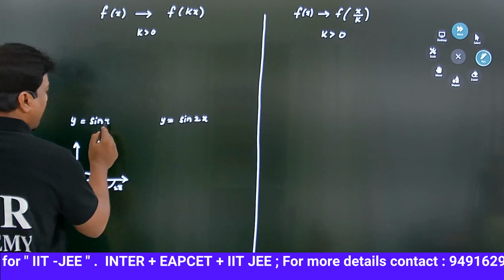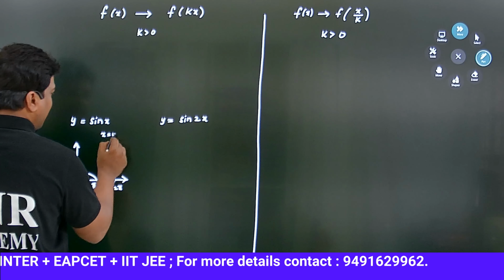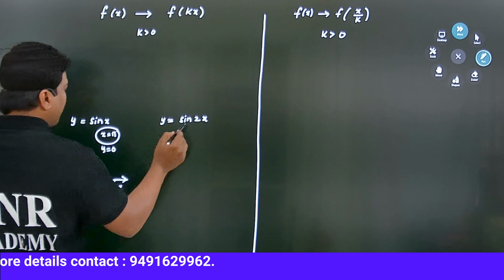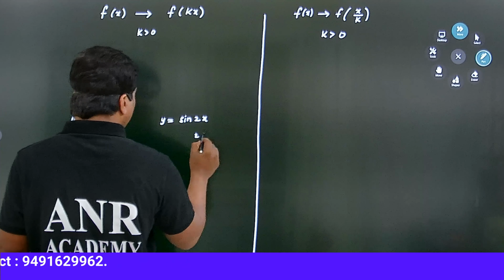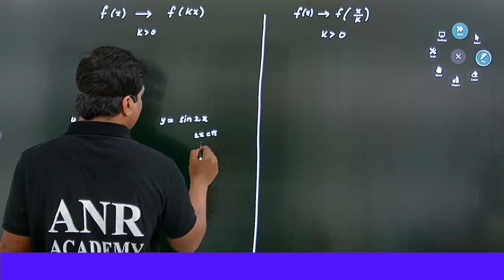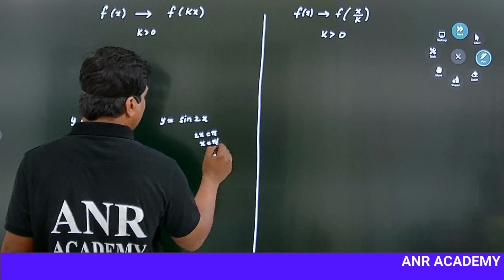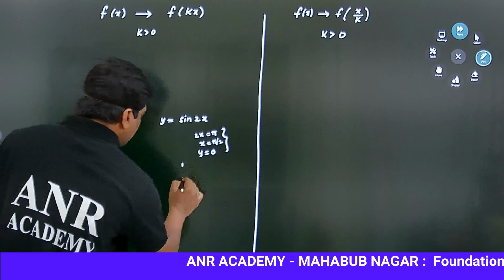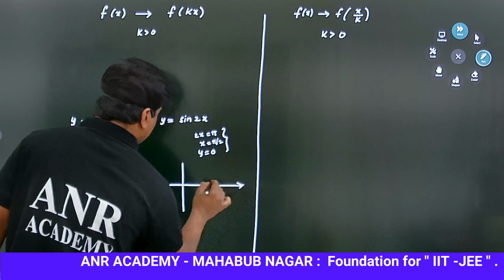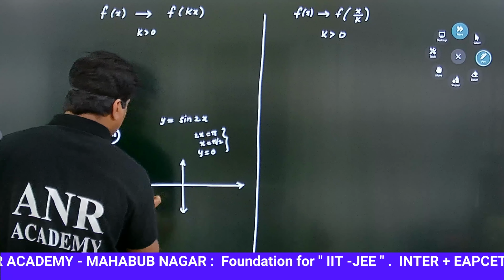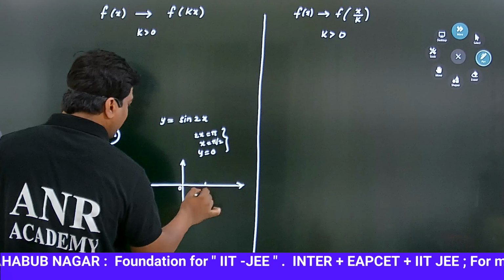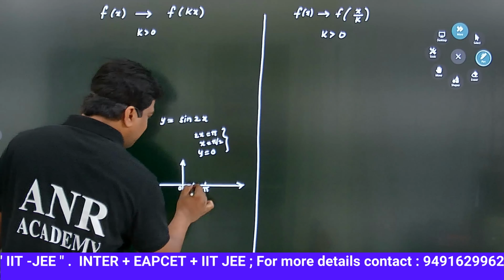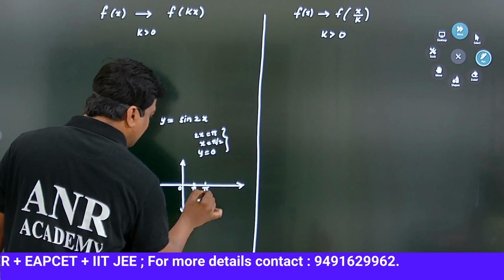Here by substituting x equal to pi, the value of y becomes 0, but in this case if you write 2x equal to pi, that is x equal to pi by 2, then the value of y becomes 0. So the graph exists like this. At x equal to pi by 2 itself it becomes 0. Previously the graph was 0 at pi, but now the graph is 0 at pi by 2 only.